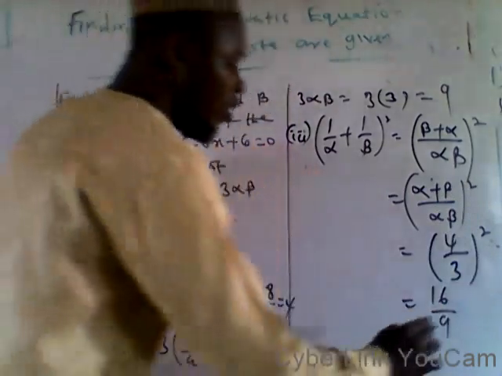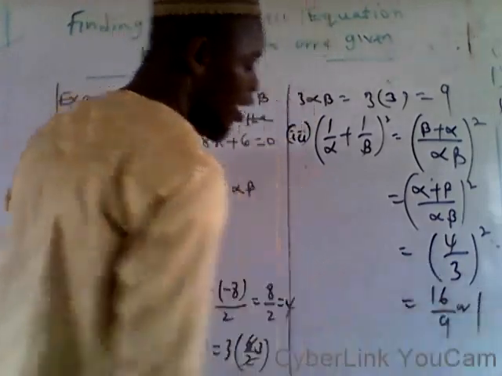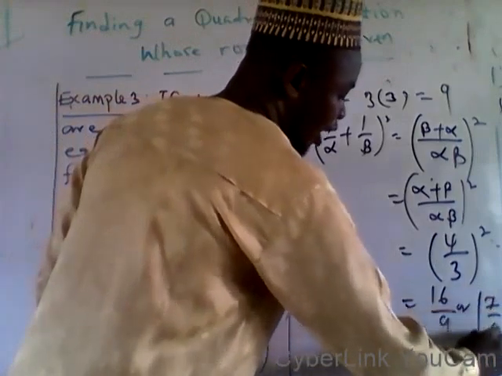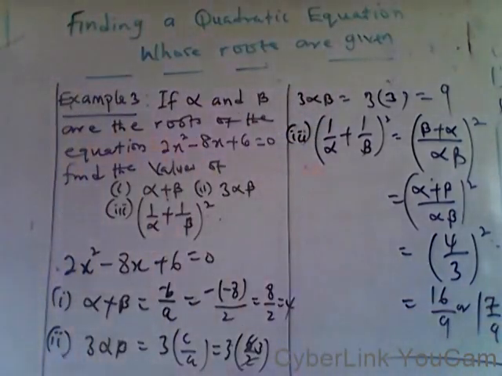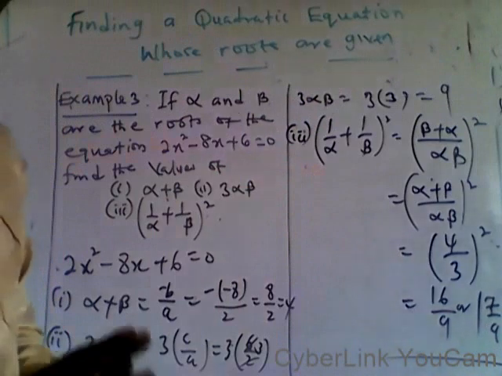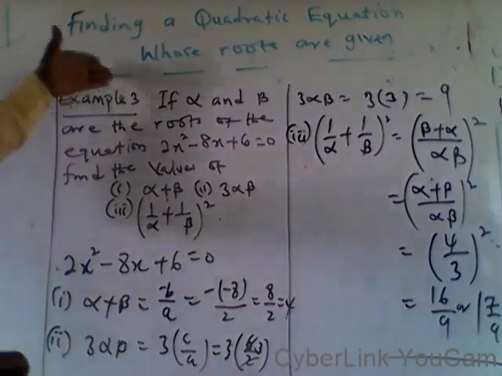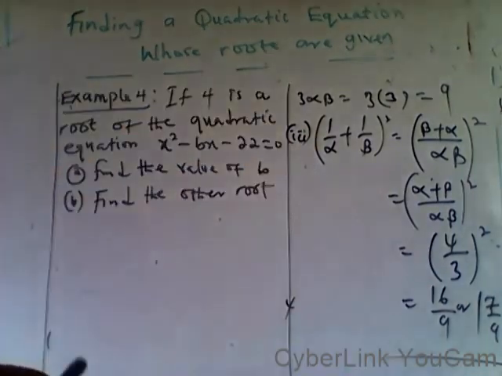Very simple. Or as a mixed number, 9 into 16 is 1, remainder 7, that is 1 and 7 over 9. So you have your answer as 16 over 9 or 1 and 7 over 9. So if the question still comes like this, this is how you solve it. Very simple.